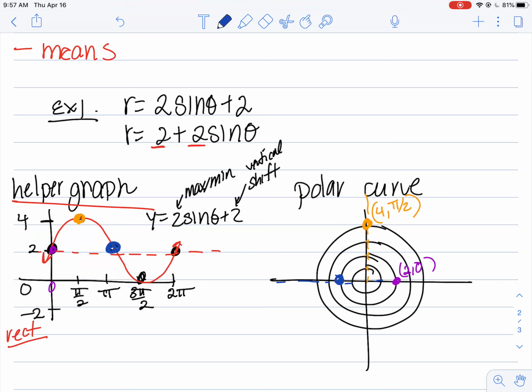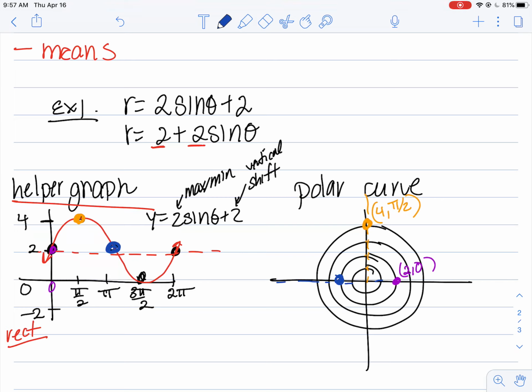The distance between the pole, the origin, and the point that's furthest out is twice your A value. And the plus here means that this cusp is pointing up.